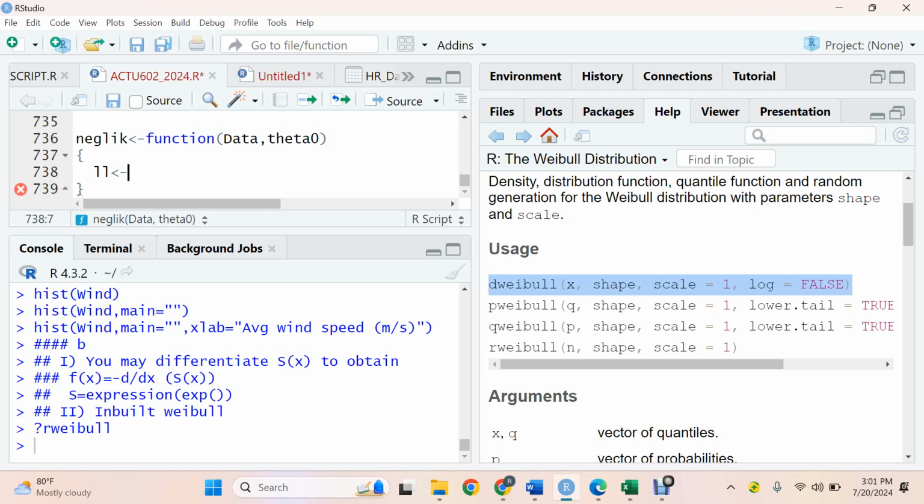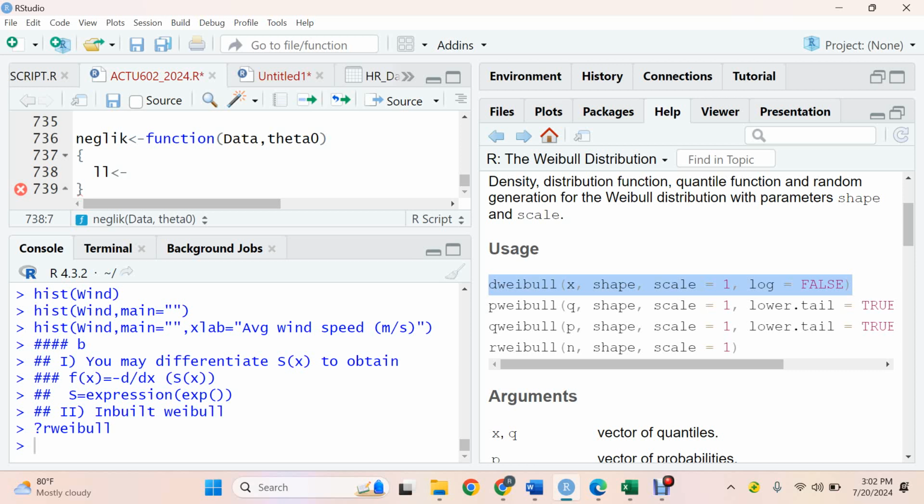That is the sum of log f of x. But we want the negative of it. So this f is what we are saying is d-weighable, then we take the negative of it. So that's what we are doing.